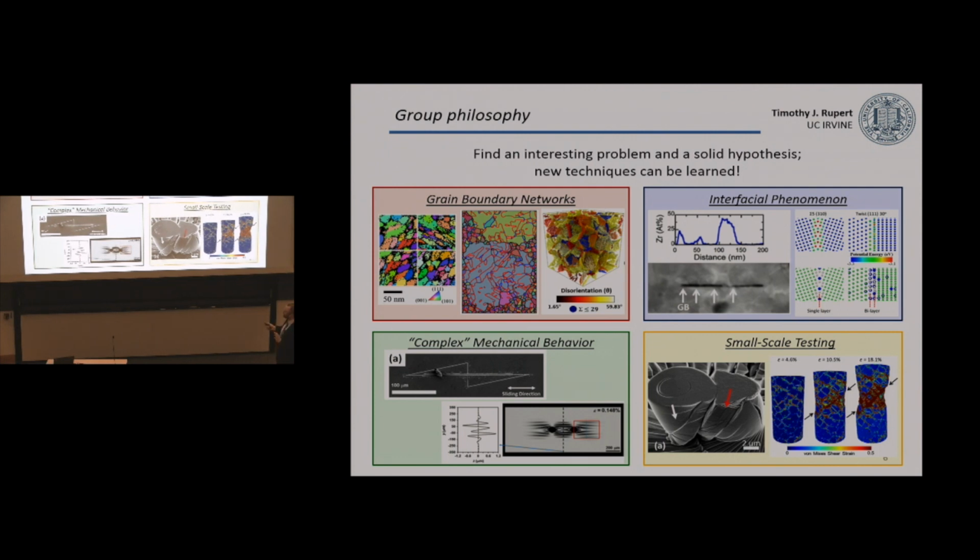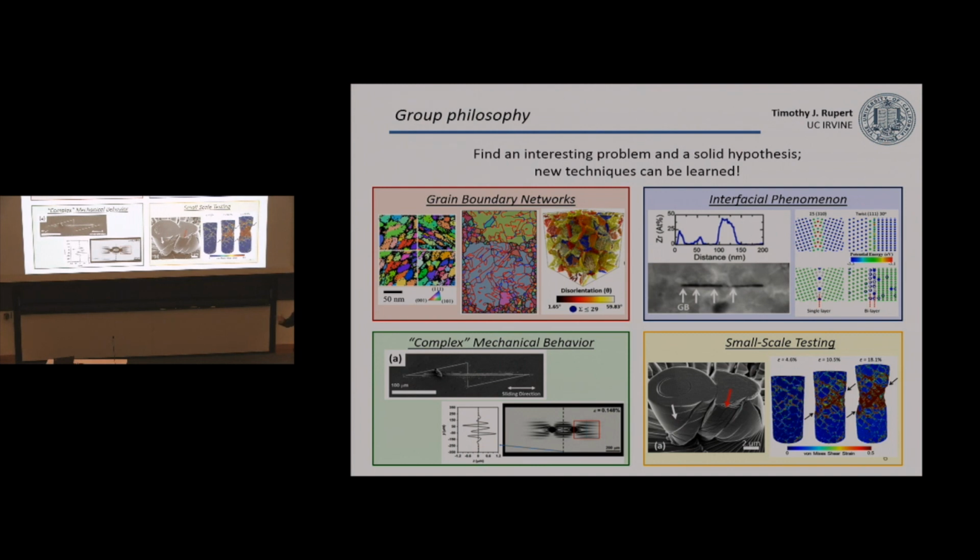I'm not going to go through them all, but on the top side, something I won't talk about today, we've been studying grain boundary networks inside nanocrystalline materials, or how the interfaces form a connecting network inside. One thing we had to figure out was how to characterize these. You can do this in coarse-grained materials rather easily through electron backscatter diffraction, or EBSD, but the resolution is 100 nanometers.